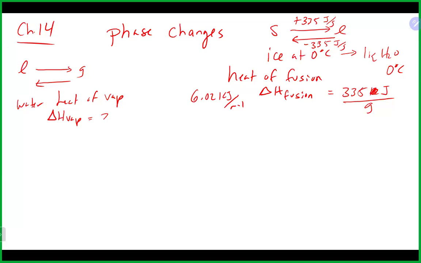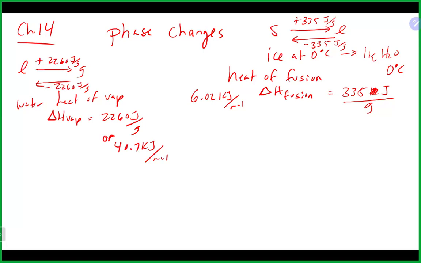For water, that's roughly 2260 joules per gram, or about 40.7 kilojoules per mole, give or take. It's going to be a positive value going from liquid to gas, and a negative value, energy has to be released, as it goes in the opposite direction.